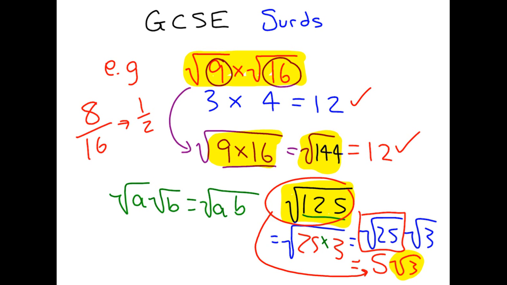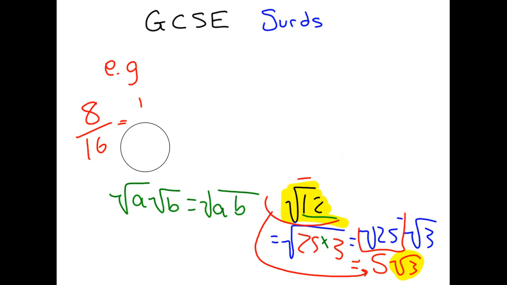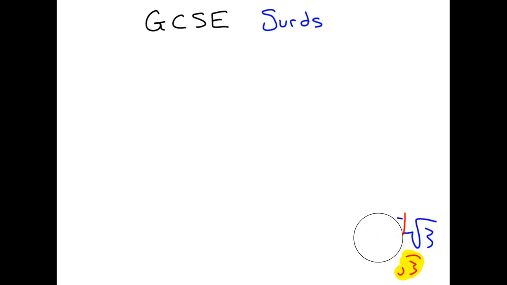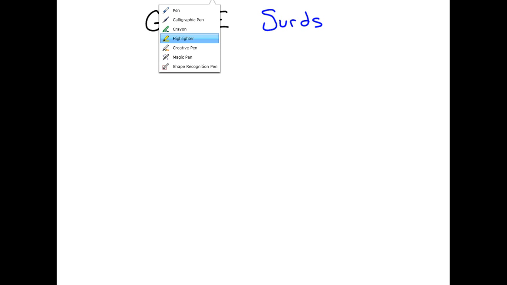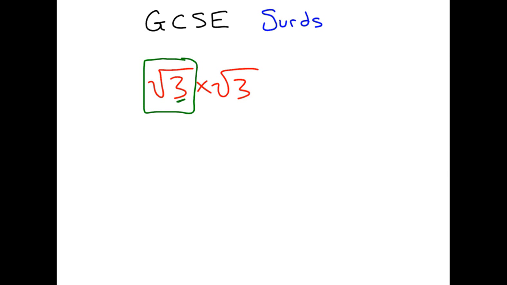There are more things that you can do to surds, and I will talk to you a bit more about these, but surds are just numbers, so they work very, very much like numbers. One thing that you need to know is if you've got the square root of, say, 3, and you times it by itself, the definition of square root is the number that times by itself to give you this.